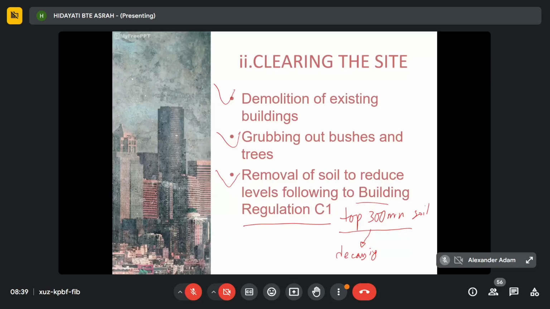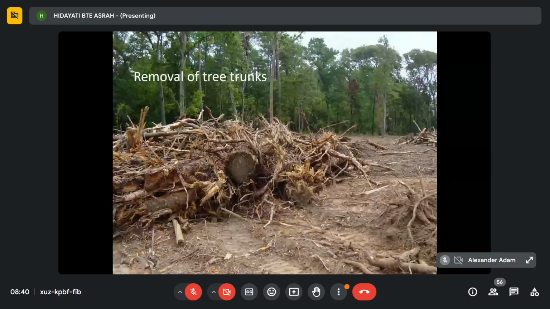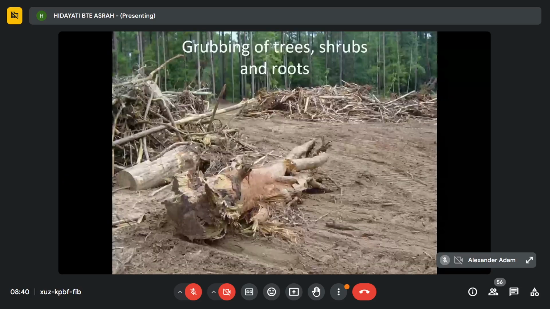This figure shows the topography of the site after the clearing process. But the leveling is still not done. If you see here, it's just clearing. Then they remove the tree trunks and roots, then grubbing of trees, shrubs and roots.